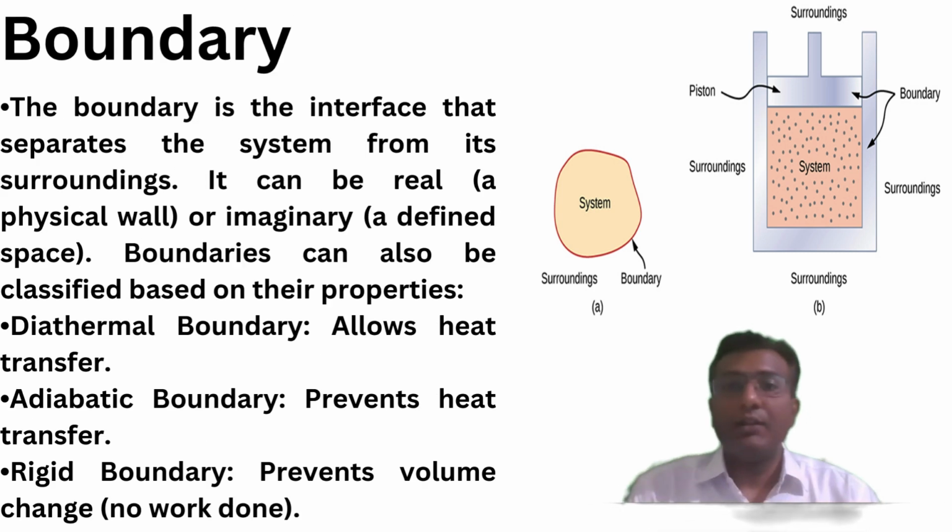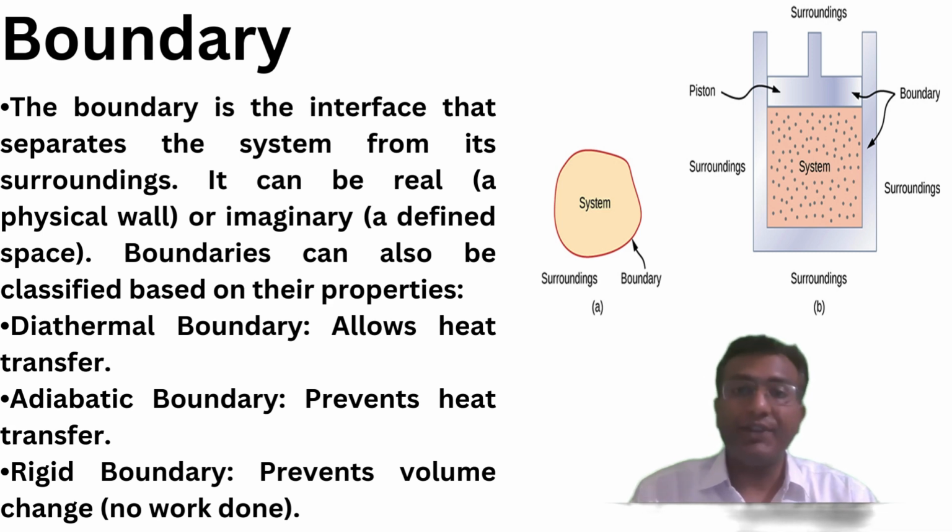The boundary of a thermodynamic system plays a crucial role in controlling how energy and matter move between the system and its surroundings. Boundaries are classified as diathermal boundary, which allows heat transfer. Example, the engine radiator, which transfers the heat from the coolant to the surrounding air.